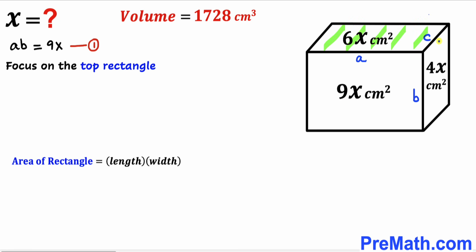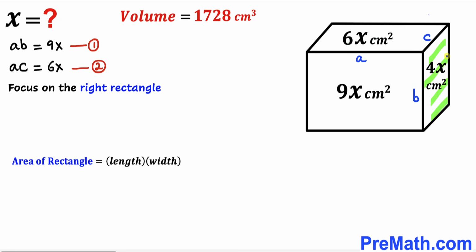And now let's focus on this top rectangle. We can see its dimensions are a and c, and the area of this top rectangle has been given to us as 6x. So we could write a times c equal to 6x, and I'm going to label this one as our equation number 2.